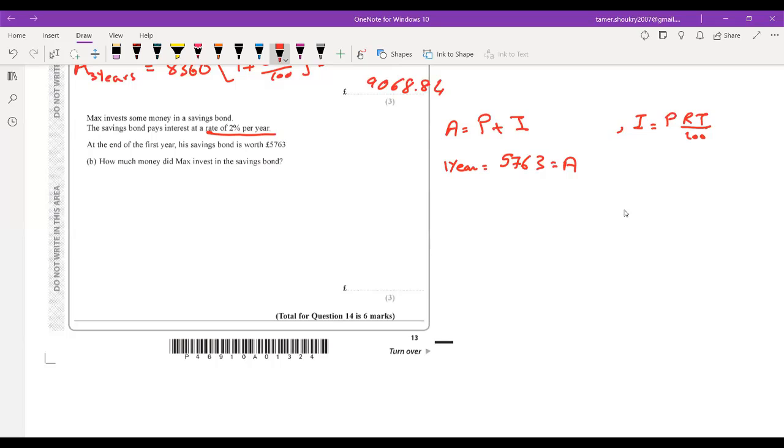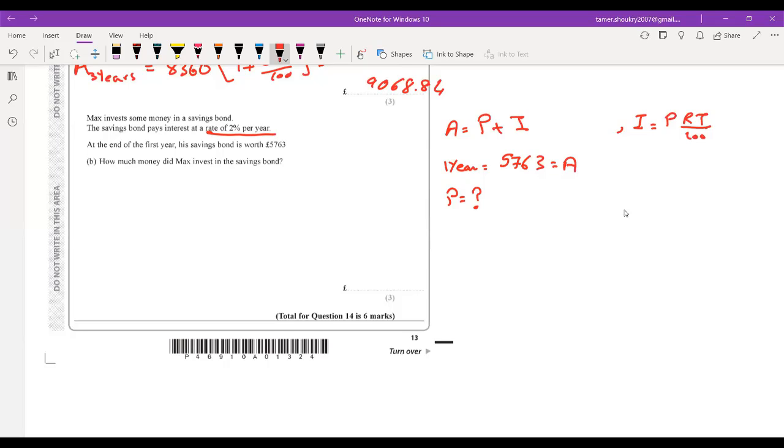How much money did Max invest in the saving bond? He didn't speak about a different number of years. It's only 1 year, so it's simple. We have an investment. The principal is the question. He does not know the principal, and he wants to know what the principal was.